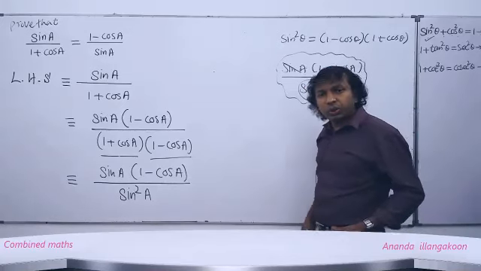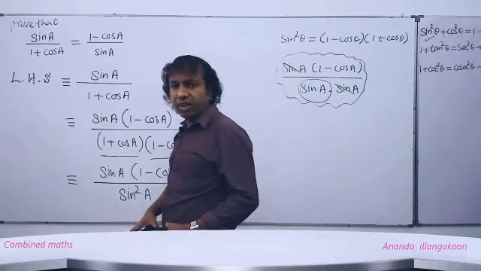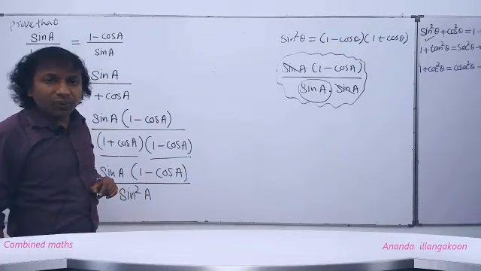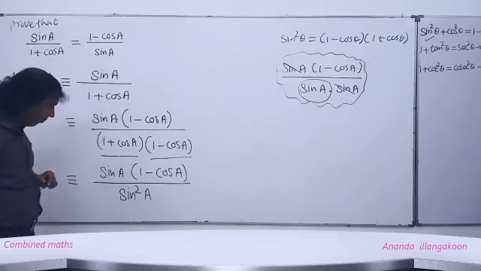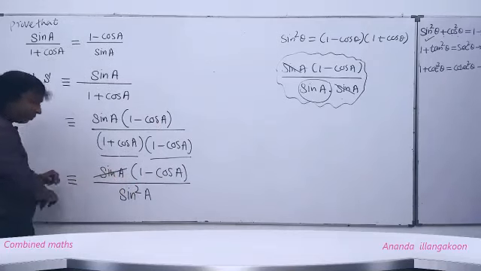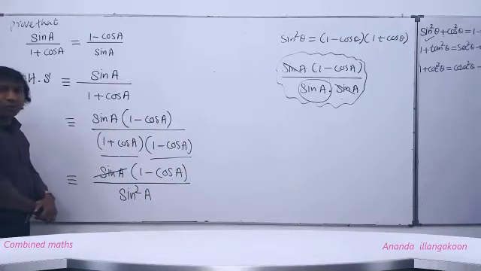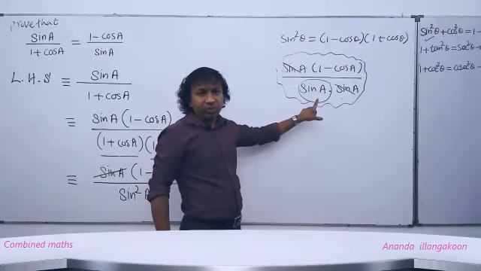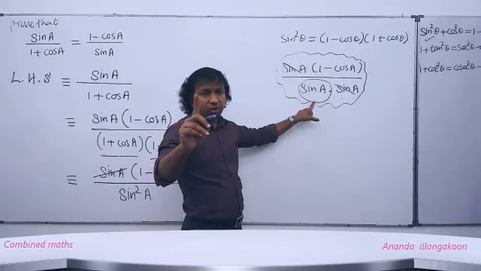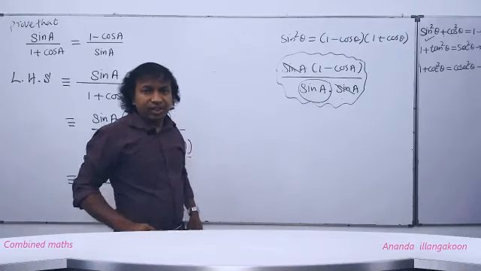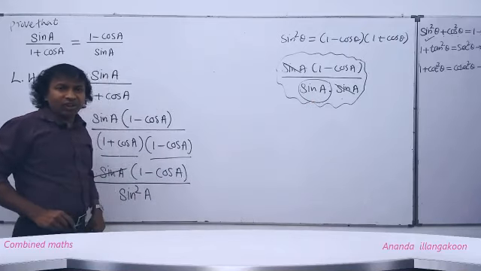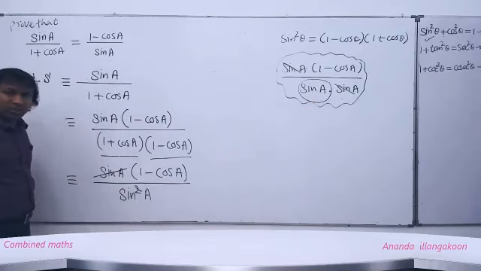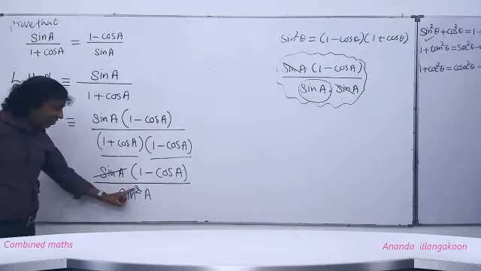In order to remain only one sine A term, we can do the simplification this way. How? This sine A term will be removed after cancellation from the numerator, and from the denominator there should be only one sine A term. In order to remain only one sine A term, we eliminate this square 2.